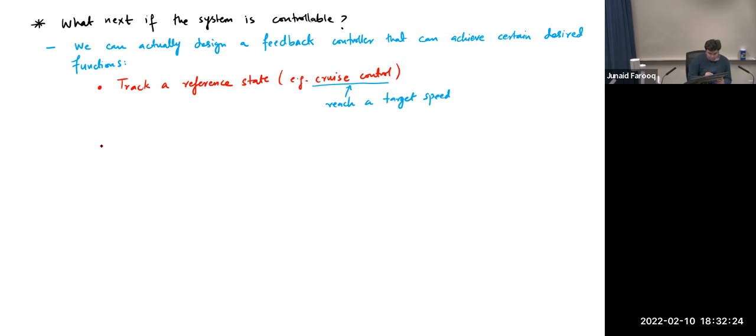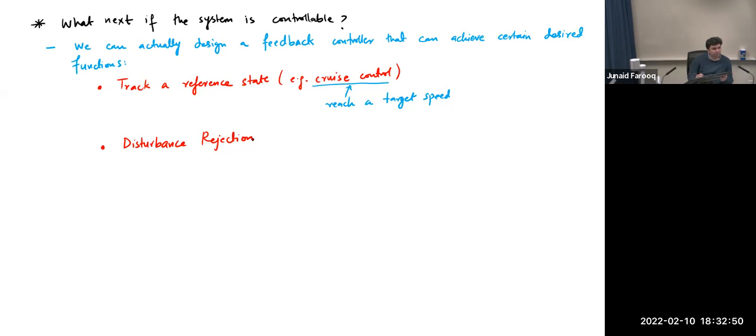The second possible objective of a feedback controller could be disturbance rejection. What that means is, for example, in your cruise control, if there is a hill, then your car starts to slow down.